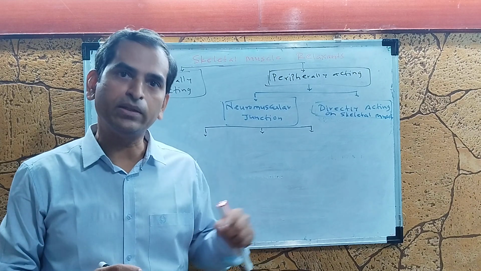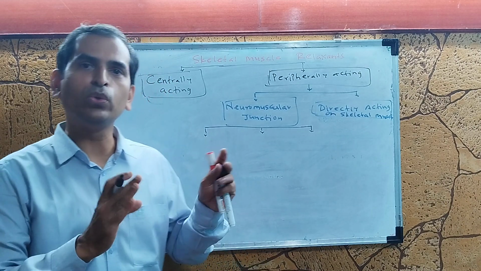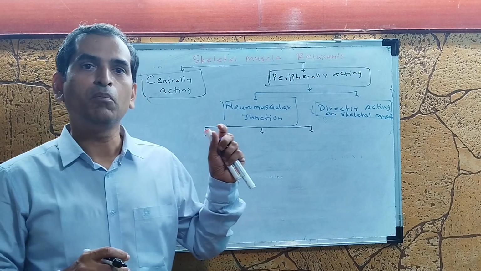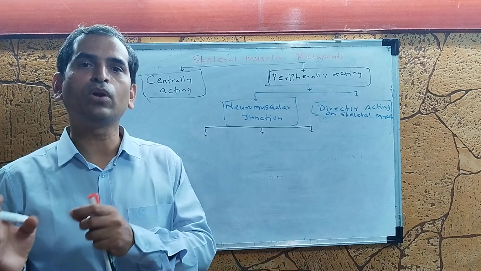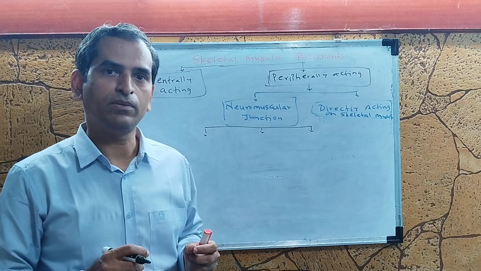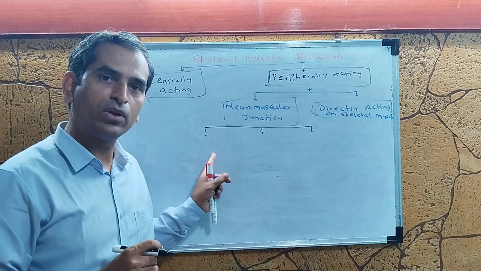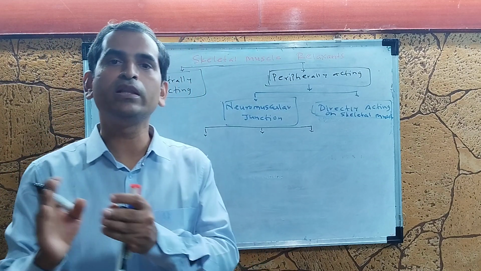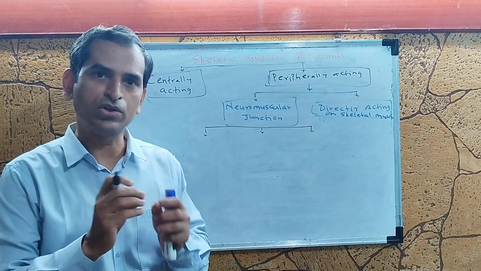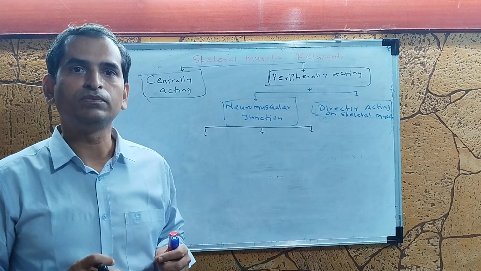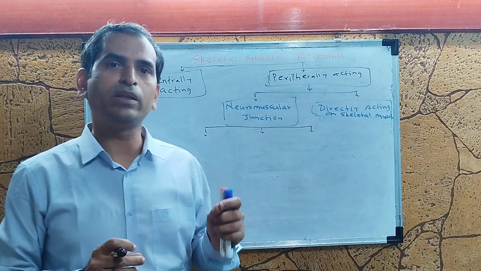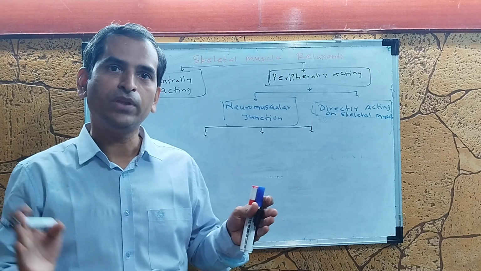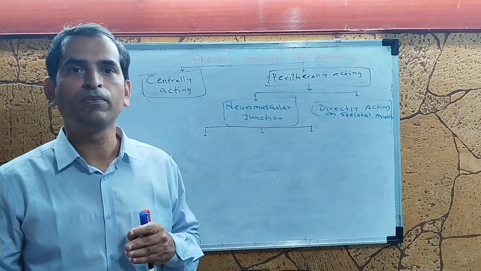Now you know that acetylcholine works on two types of receptors: muscarinic receptors and nicotinic receptors. The receptors I am talking about are nicotinic in nature because they are present in the skeletal muscle, at the junction of the nerve and the muscle. The nicotinic receptors are of two types, NN and NM.